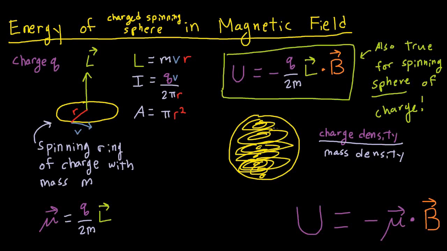And because the angular momenta of all of the rings adds up, and the energy from all of the rings adds up, then we can immediately see that this whole expression, as promised, will be true for a spinning sphere of constant charge density per mass density, straight from the fact that it's true for the spinning ring.